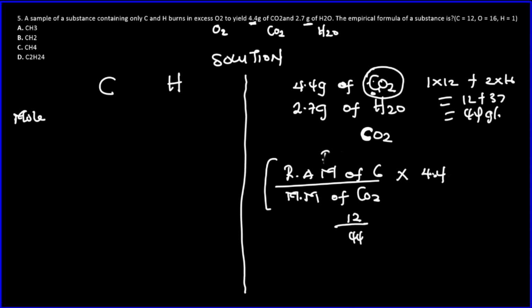This is in grams per mole though, but I'm ignoring the unit. So 12 divided by 44 times what? 4.4. This will give us the mass of carbon in carbon dioxide. So 12 divided by 44 times 4.4, that's 1.2 grams.